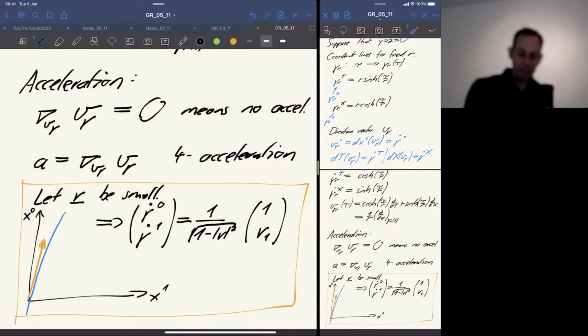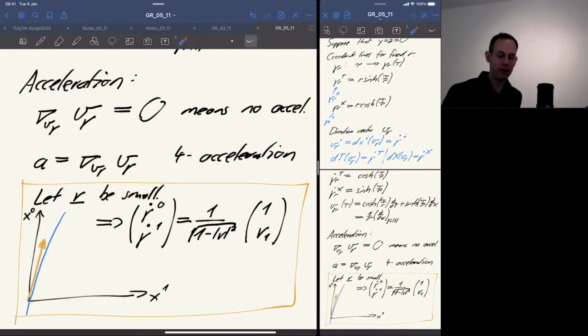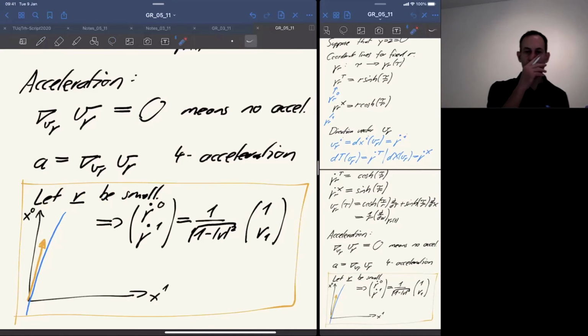Now, by the way, there was a question last time about why I put the index here for the velocity down. And you see, this is not a vector in our differential geometric picture. So that's just a component. And somehow to emphasize that, I don't apply there the convention of our indices.